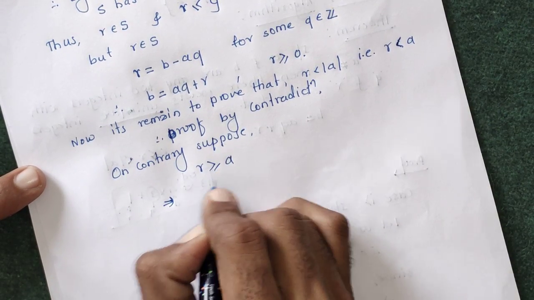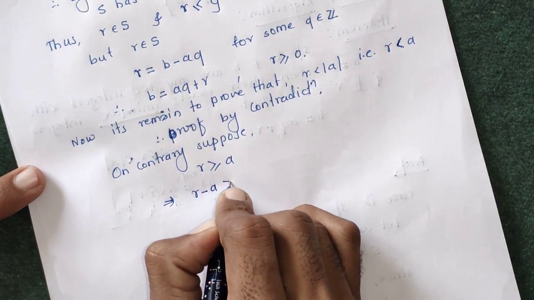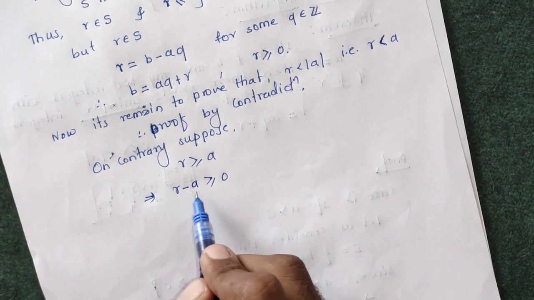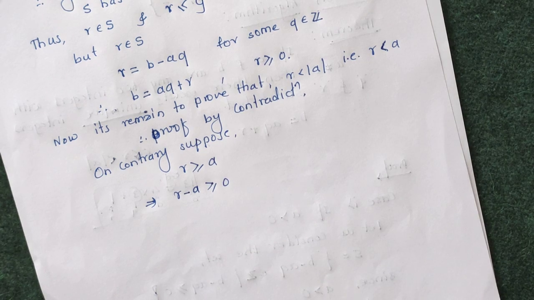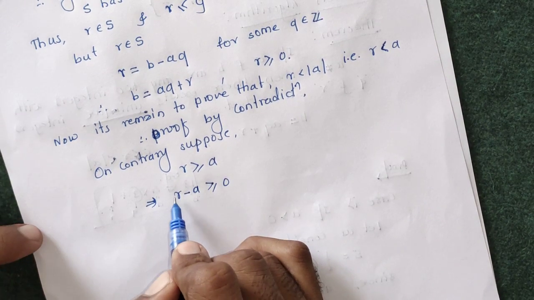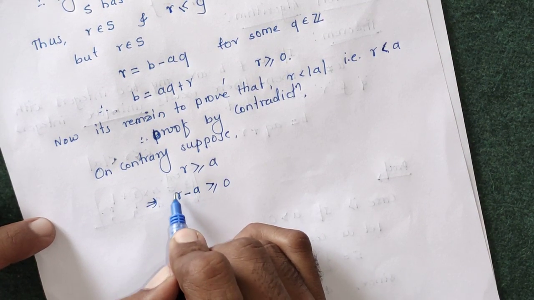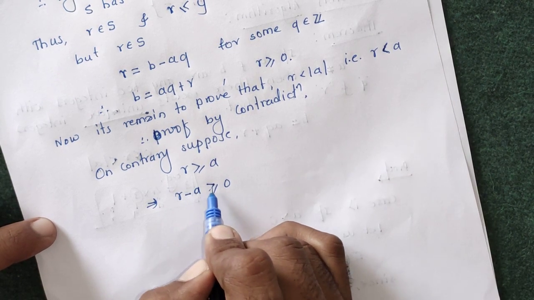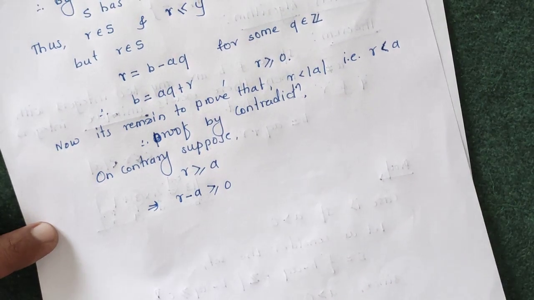This implies r minus a is greater than or equal to 0. This element r minus a looks like b minus aq. Suppose q is equal to 1, then b minus aq is also greater than or equal to 0.